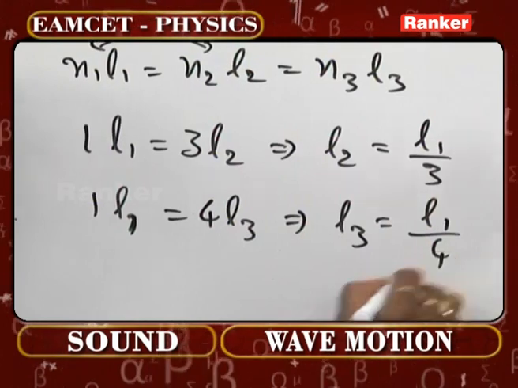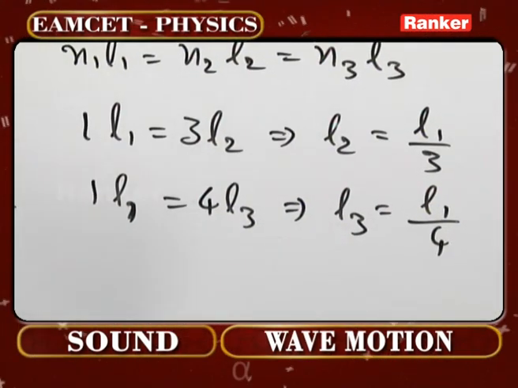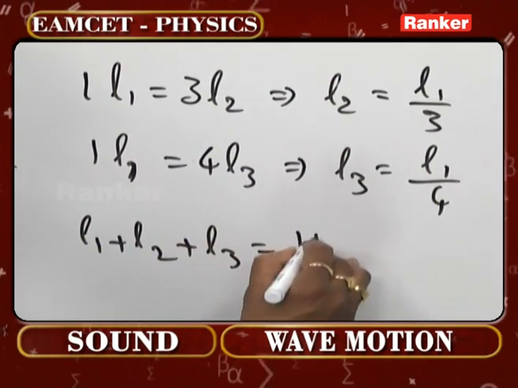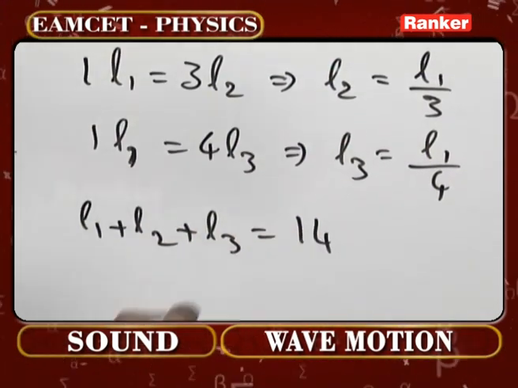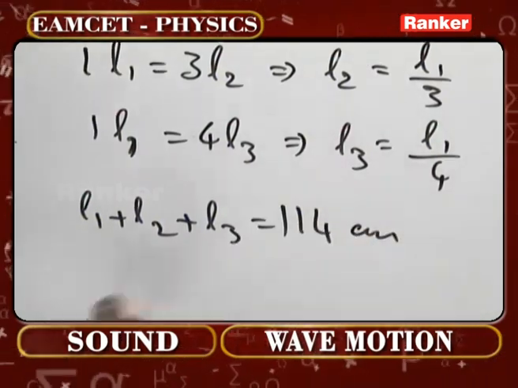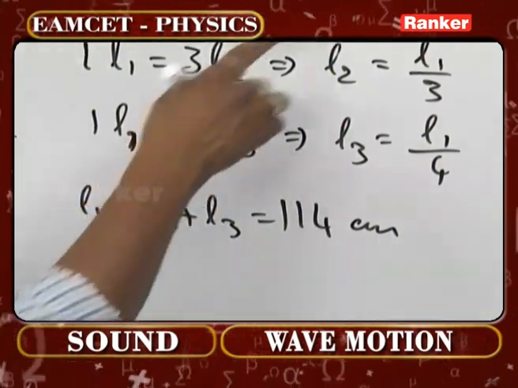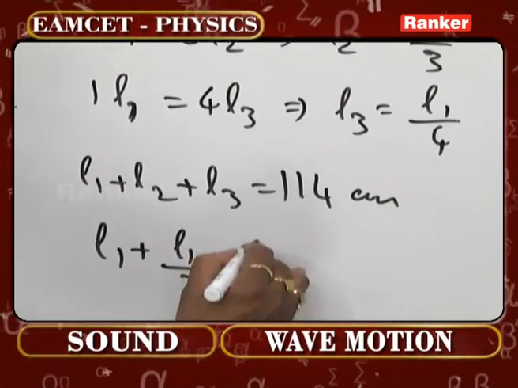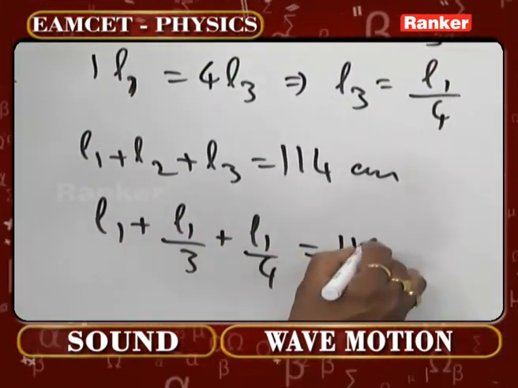Then L3 can be written as L1 by 4. But according to the given problem, L1 plus L2 plus L3 must be equal to 114 centimeter. That is the length that has been mentioned. So add these values please. L1 plus L1 by 3 plus L1 by 4 should be 114.